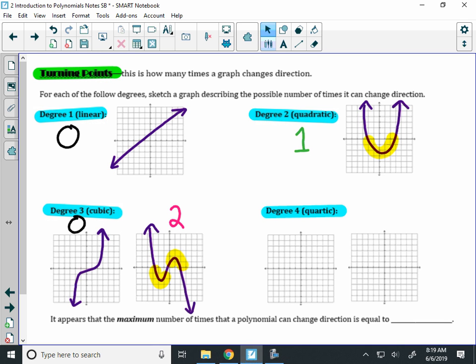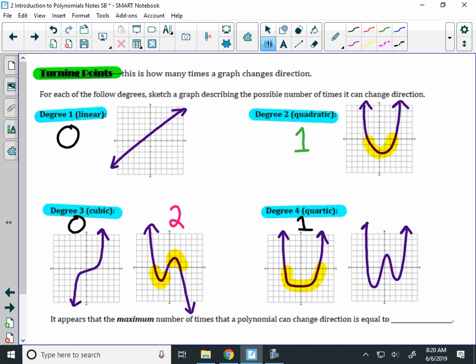Finally, a degree 4, even degree, so the arrows are going to go in the same direction. There's 2 kind of ways to draw this graph. The first one is going to look kind of like the degree 2 graph, only it's going to be a little wider at the bottom. That degree 4 graph has 1 turn, but it's just really long. So degree 4 graphs could have 1 turn. They could also look like this.